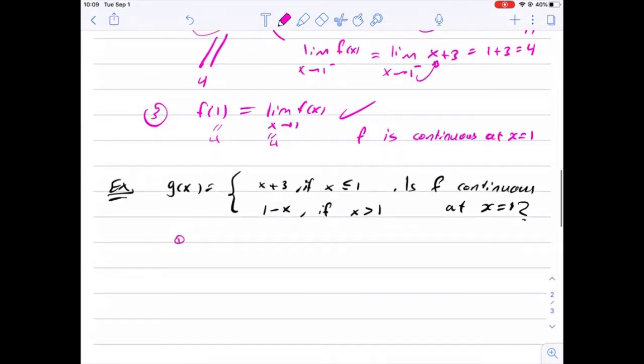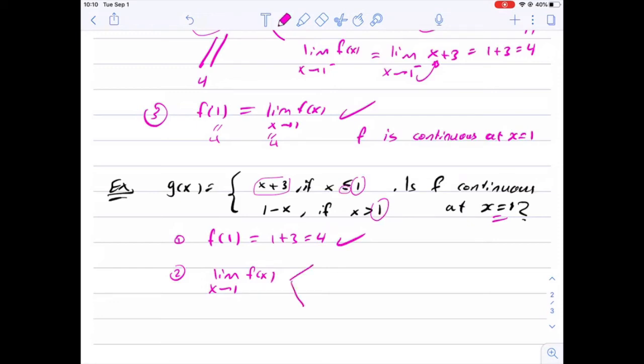The first condition, f of 1. What is f of 1? We have equality here, so we plug into this rule. So 1 plus 3 is 4. So it's defined. Good. The second condition, the limit as x approaches 1 of f of x. Here the function is defined by more than one rule around 1, so we need to study the limit from the right and from the left. From the right, x is greater than 1 because it goes to 1 from the right, so we apply 1 minus x.